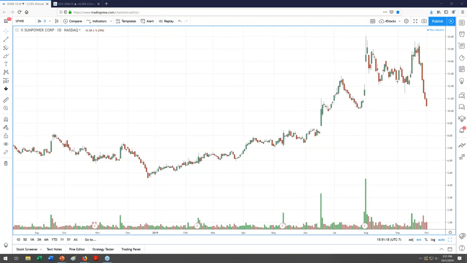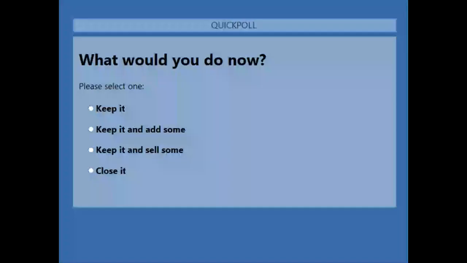So let's go through the poll first, and let's see what you guys are thinking about this. What should we do at this point? Should we close the position? Should we keep it? And what would be the logic behind keeping this position?